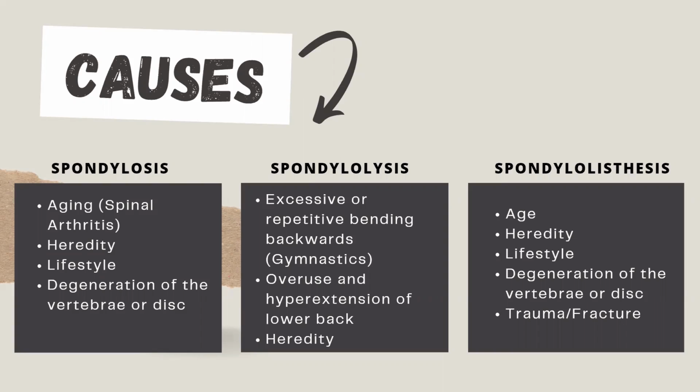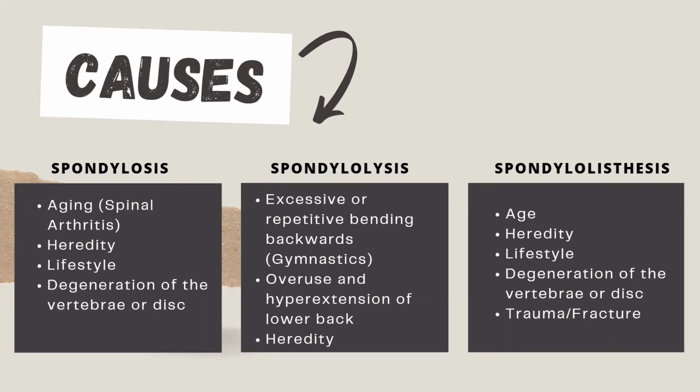Then for spondylolisthesis, it is about the slippage or pag-move ng isang vertebra natin sa normal alignment. So it is related with age, dun sa mga patient na nag-engage in sports. Hereditary din siya, just like my explanation with spondylolysis na yung vertebra niya manipis.